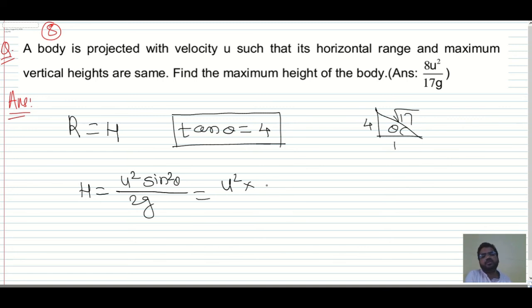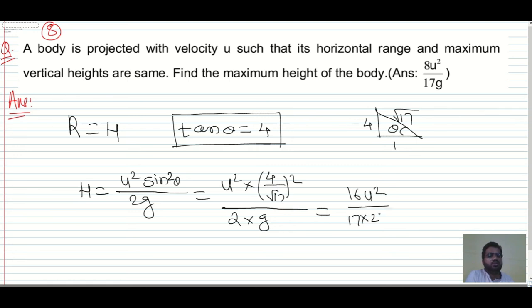Sine squared theta we have is 4 divided by root 17 squared, divided by 2 into g, which is equal to 16 u squared divided by 17 into 2 into g, so this is 8, so you will get 8 u squared divided by 17 g as the maximum height.